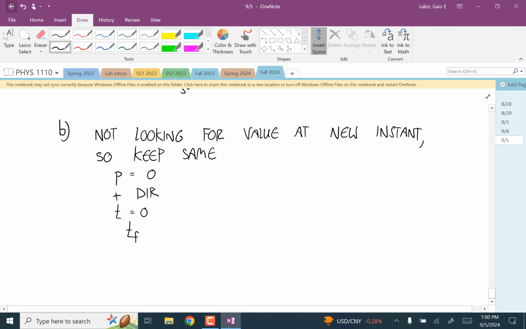You haven't changed the meanings of any of these variables. If you change any of these, that's not true, and you'll have to go through listing things out all over again. So when you keep those the same, the list of variables doesn't change.